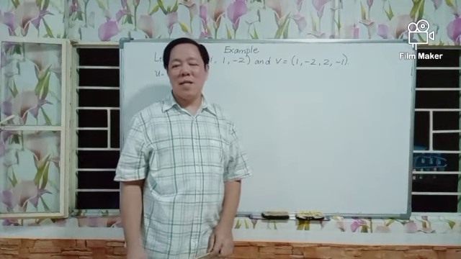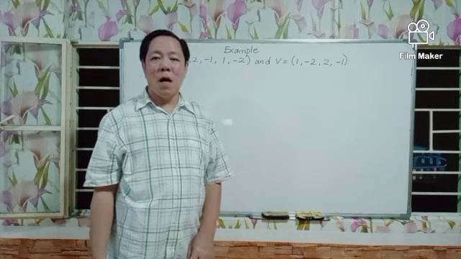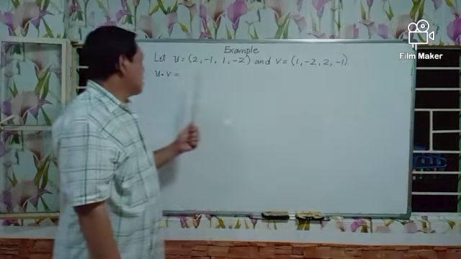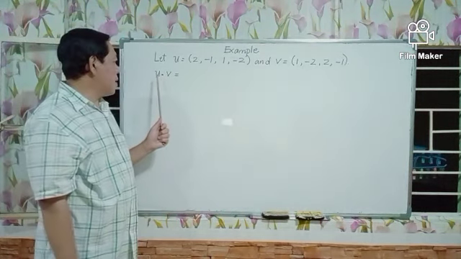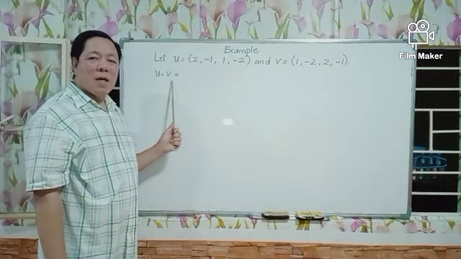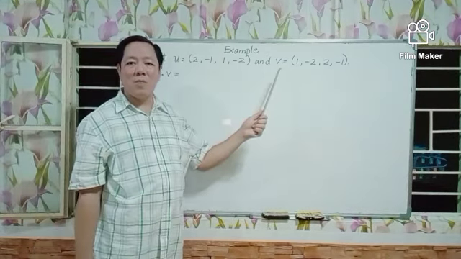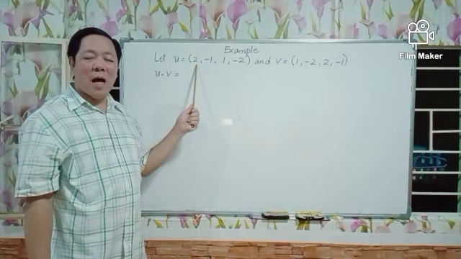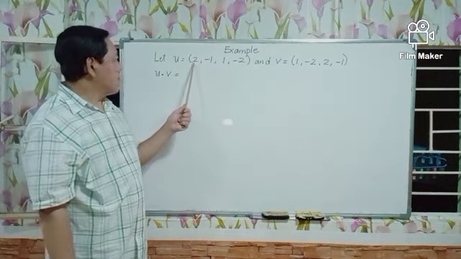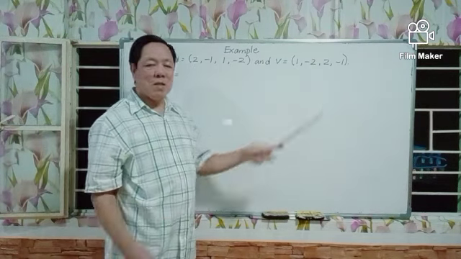Therefore, we can say that u and v are vectors in the 4-dimensional space R to the 4. And we find the dot product of the vectors u and v denoted by u dot v. And the dot product of these vectors u and v is obtained by multiplying corresponding coordinates and adding the products. The first coordinate of u is multiplied by the first coordinate of v.